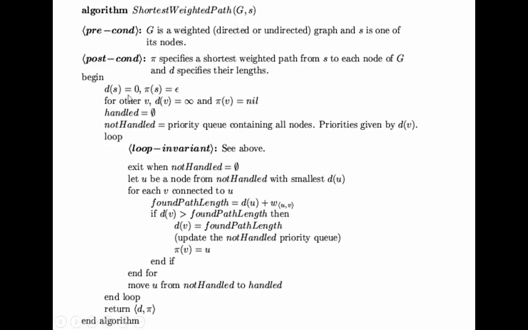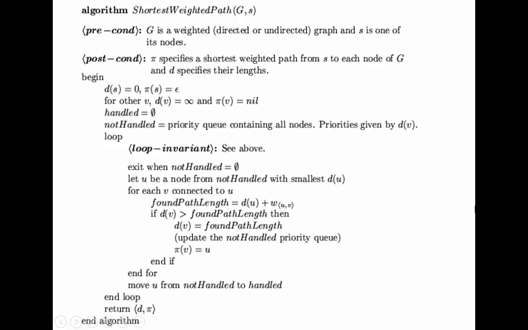And all the ones that aren't handled, we put them in this priority queue, right? Sorted by their d values. So in the priority queue, what's in there? There's S with priority 0, and there's everybody else with priority infinity, right?